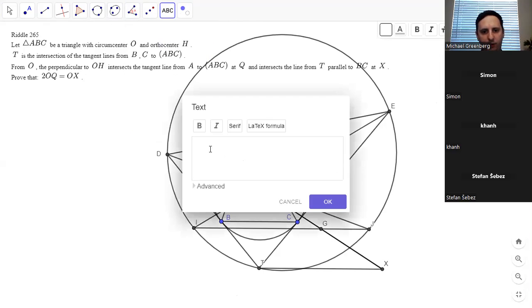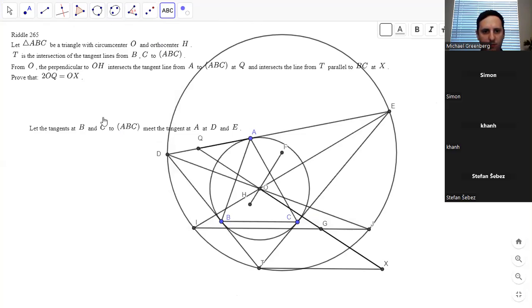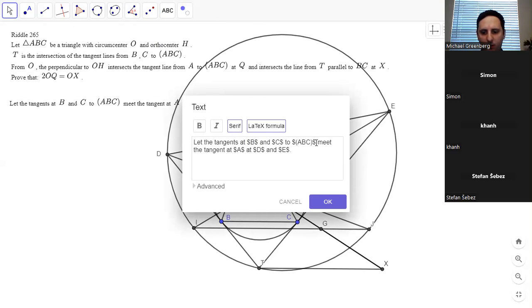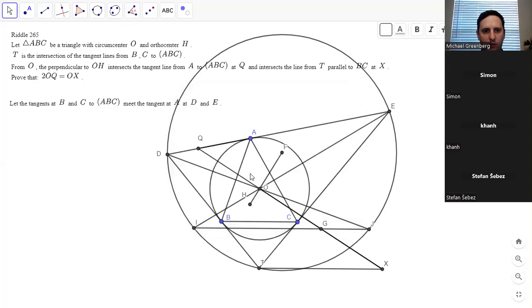So let the tangents at B and C to the circle ABC meet the tangent at A at D and E. All right.